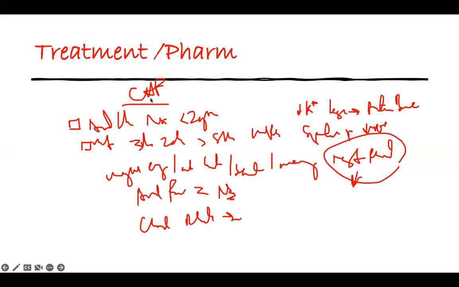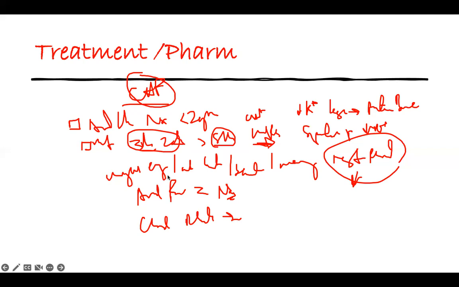So this is the teaching you tell a patient, what they need to do, and education. So make sure sodium is less than 2 grams. If they're gaining 3 pounds in 2 days or 5 pounds in a week, that's heart failure. They should let their doctor know.